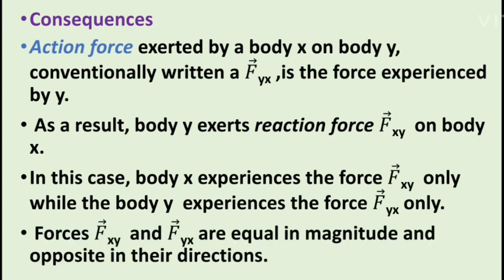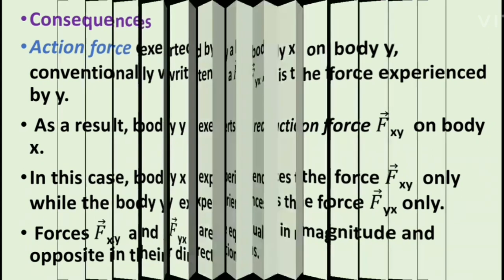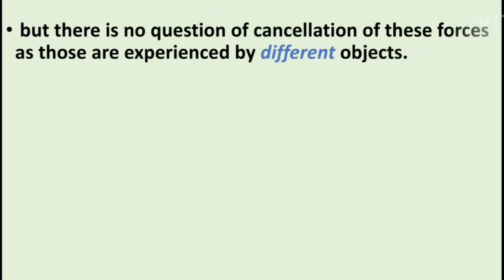Forces vector Fxy and vector Fyx are equal in magnitude and opposite in their directions. But there is no question of cancellation of these forces, as those are experienced by different objects.